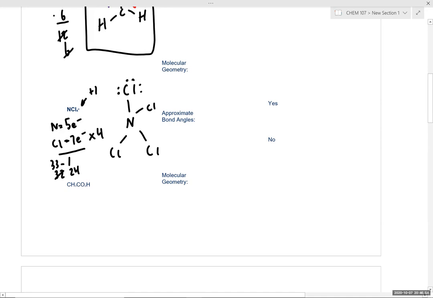We then place lone pairs on each of our chlorines, and this is our complete Lewis structure. One thing we have to consider is formal charges, and we see the formal charge of nitrogen, which is the group number minus the bonded atoms, minus the lone pair electrons, and that gives us a formal charge of +1. So we put a plus sign next to nitrogen.